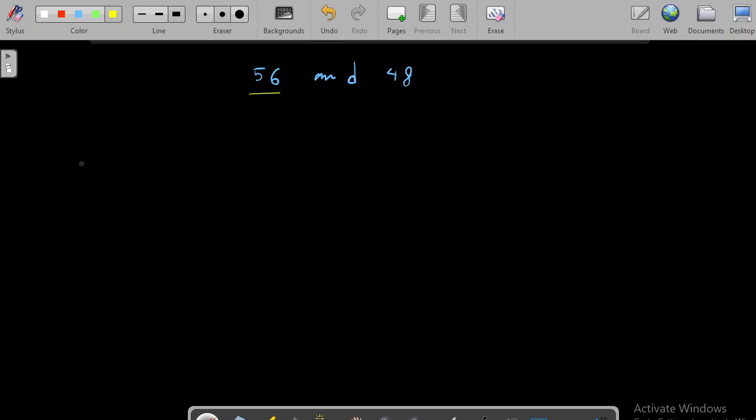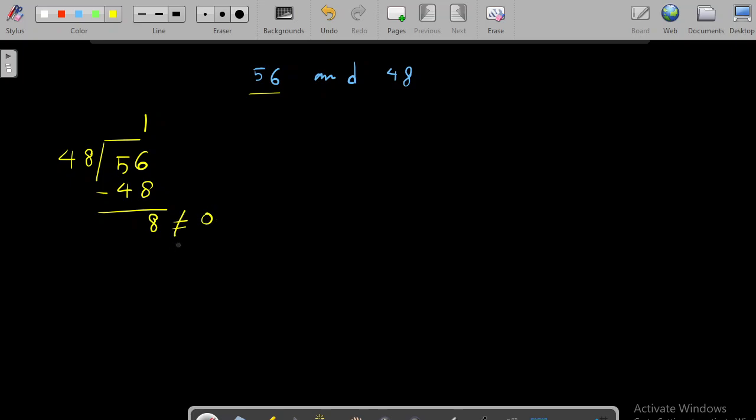So we divide the greater number, 56, by the smaller number, 48. 48 ones are 48. So here the remainder is 8, which is not equal to 0.